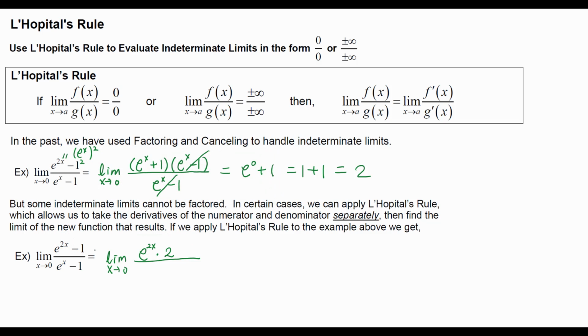The derivative of negative 1 is 0. The derivative of e to the x is e to the x. So now you plug x equals 0. Let's see what happens. Then I get e to the 0 times 2 is 0 power times 2 over e to the 0, which is 1 times 2 over 1. So you do get 2.